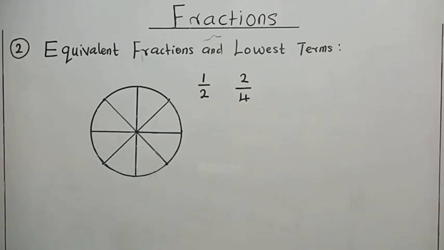To get its name, check how many portions now make up that region. That region is now made up of 1, 2, 3, 4 portions. Then if you pick these 4, then you have created the size equivalent to the original 1 over 2. Then these 4 were picked out of 8.